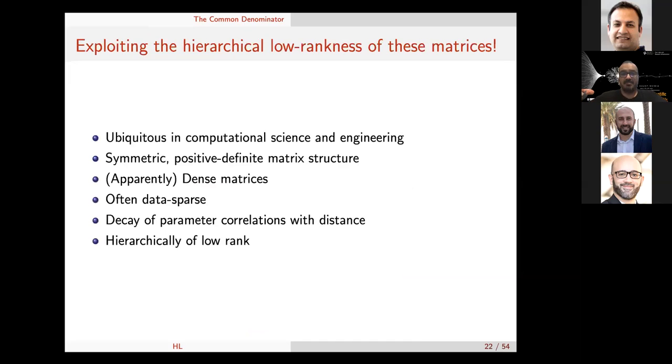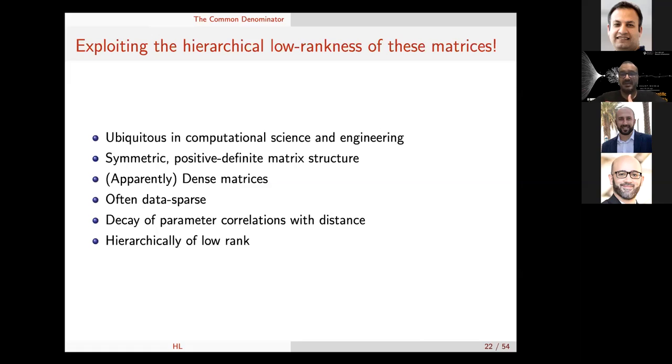But the low rankness property of those matrices comes to the rescue. The idea is to exploit the low rankness of these matrices. If you look at those matrices, although they are apparently dense matrices, they are data sparse. They have sparsity not in the structure but in the data.